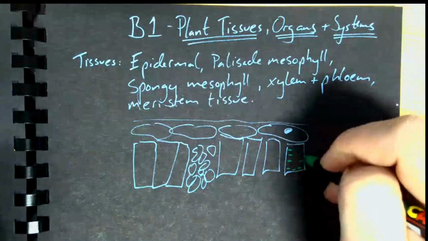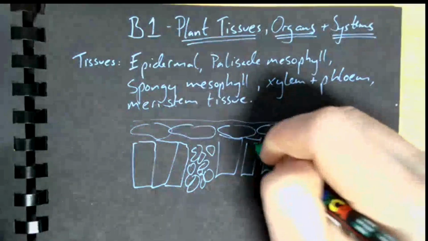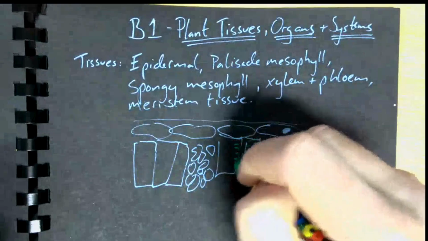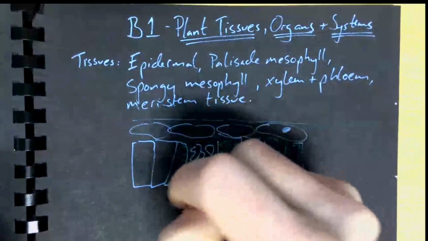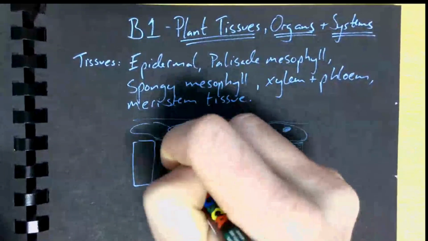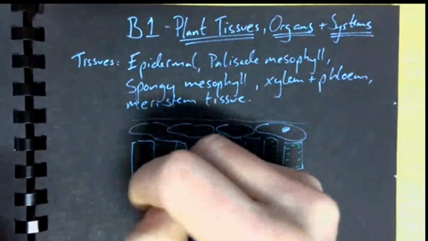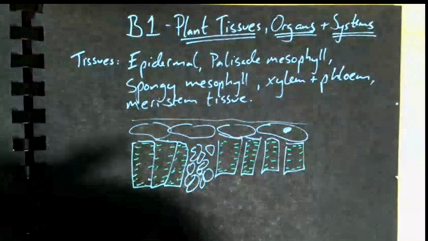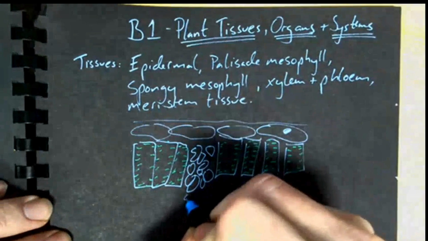And I'm going to try and make these stand out a bit by showing that they've got a high number of a certain type of organelle inside them. There we go. And then we're going to have sort of a little bundle of cells here.